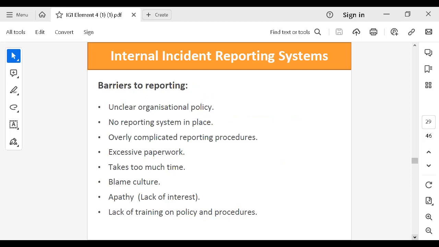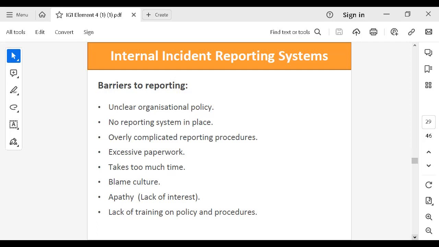Internal incident reporting system: barriers to reporting. When we are reporting incidents, there may be some barriers due to which we will not report the incident in the company. These barriers include unclear organizational policies, where the worker may not know the health and safety policy or the reporting policy.